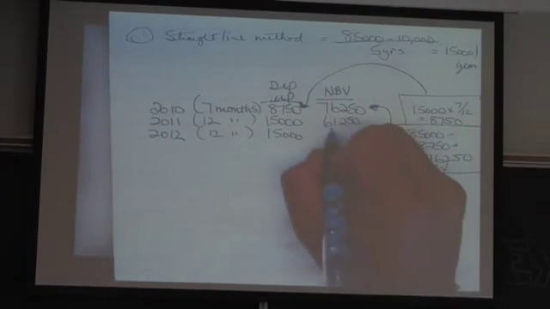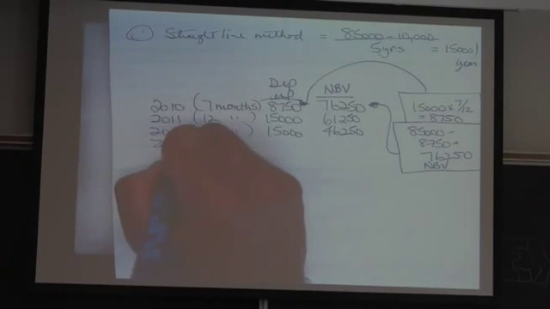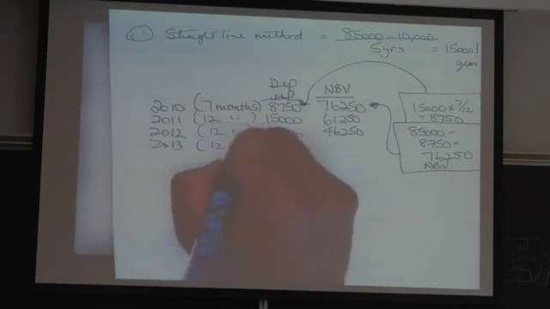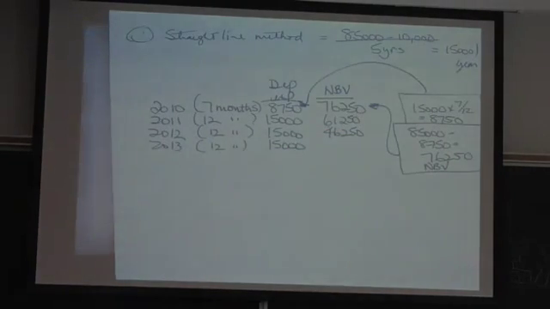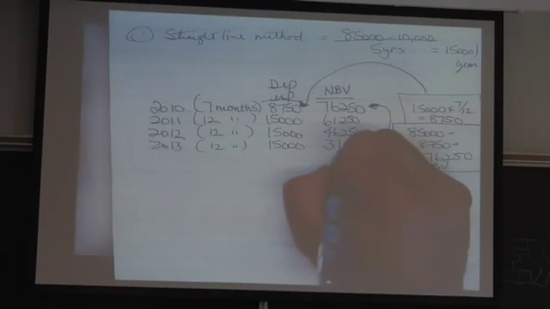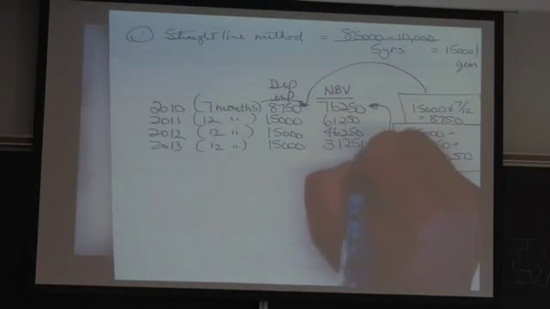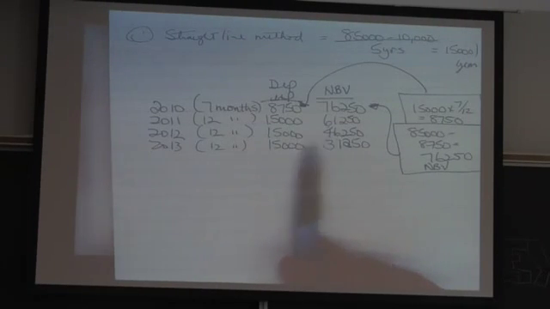And net book value is $46,250. 2013 is another 12 months. Net book value is $31,250. All I'm doing is taking the net book value of $46,250 minus the amortization or depreciation expense for the current period to give us a net book value at the end of the period.